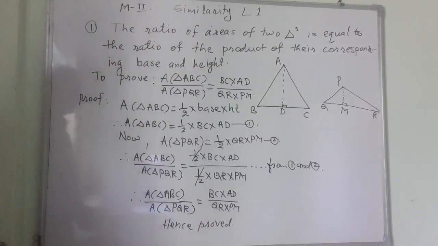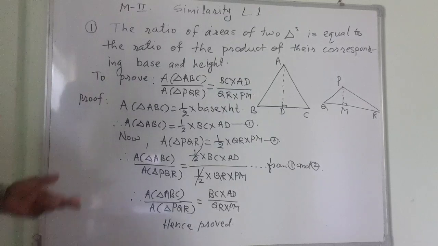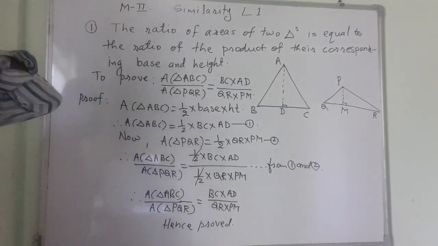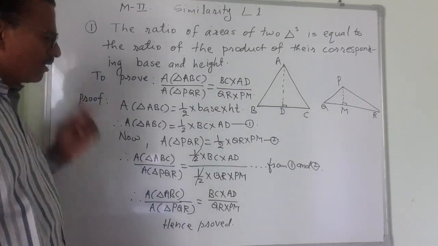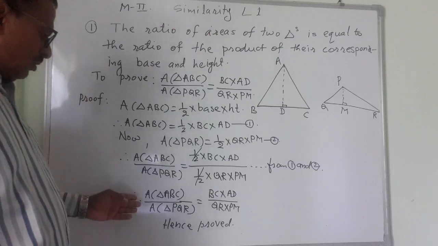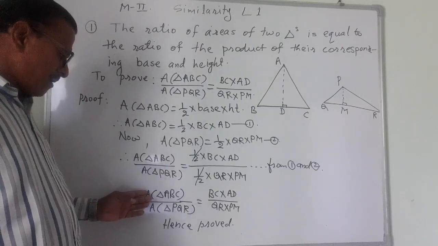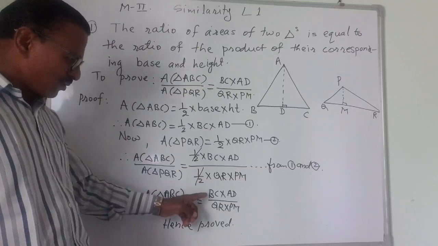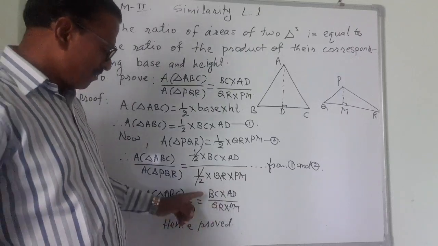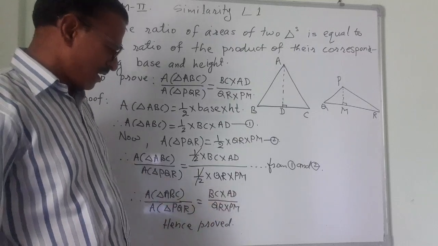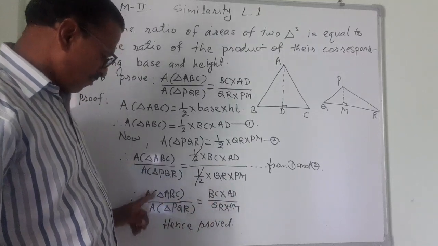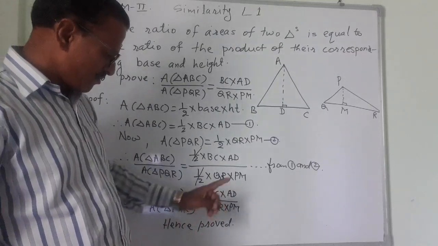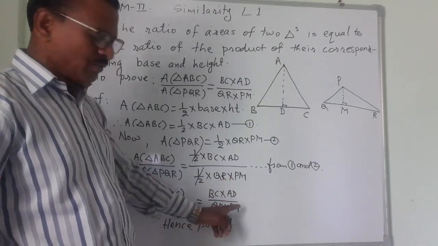This we will write. Generally this question is not asked, but it is in the textbook. They can ask, it is in the textbook. They can ask for 2 marks also. So area of triangle ABC upon area of triangle PQR, meaning A1 upon A2, is equal to base into height, meaning B1 into H1 upon B2 H2.